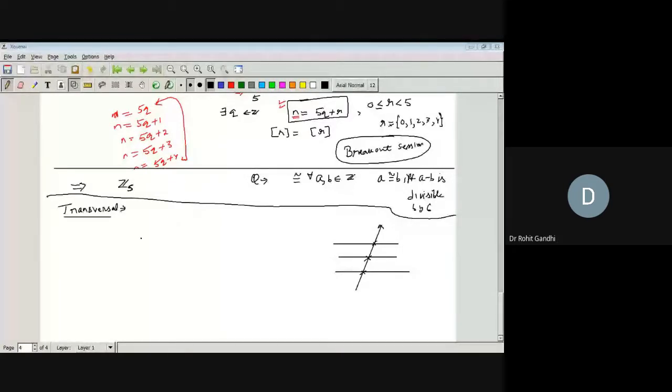So I'm going to write a definition. See this very carefully.